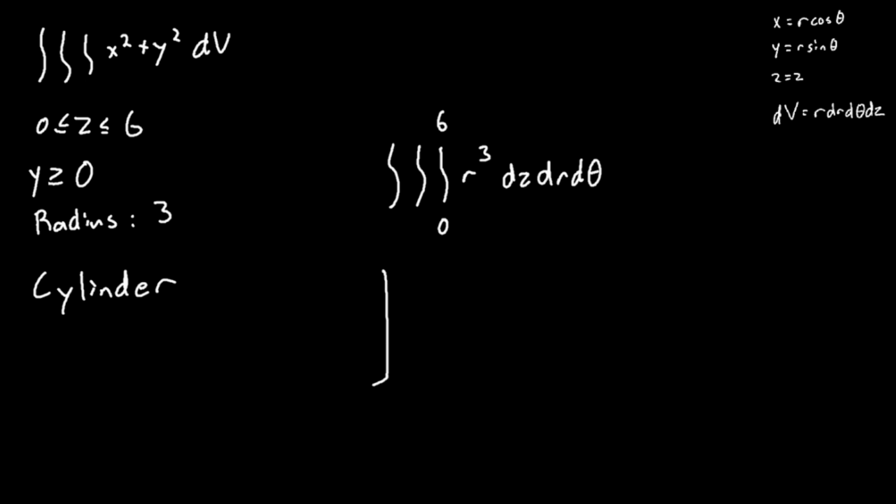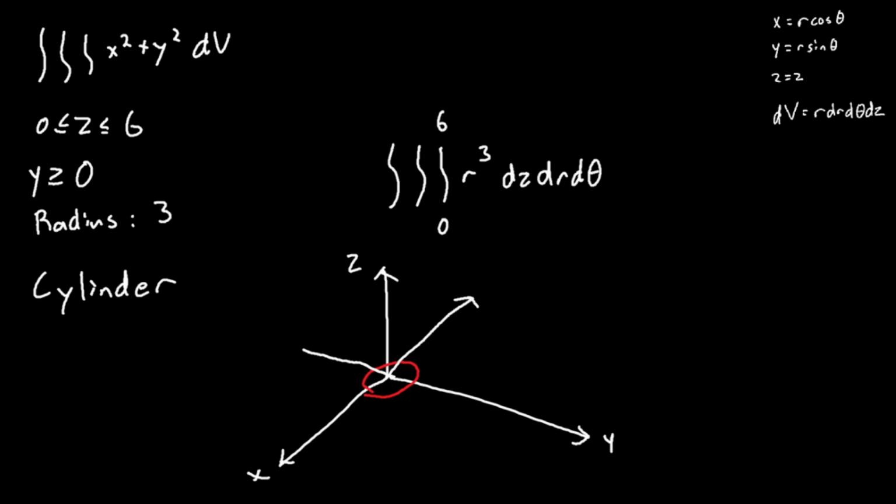And let me try to explain this with visuals this time. Let's say you have a coordinate system. This is x, y, and this is z. And you have a cylinder like this. If you want your y value to be greater than 0, let's extend this. Your positive y-axis is on this side of the coordinate plane. Let's extend for the negative z as well. Is on this side right here.